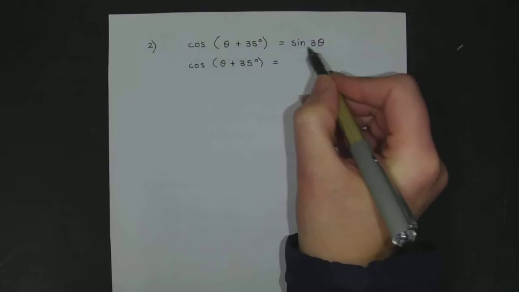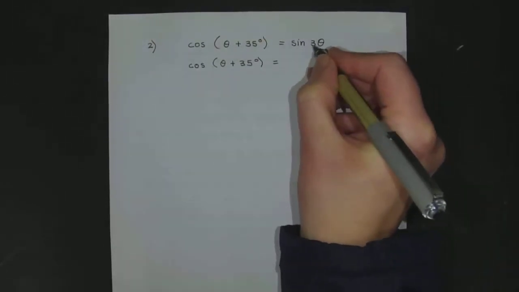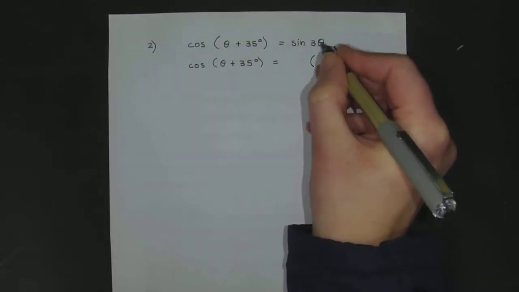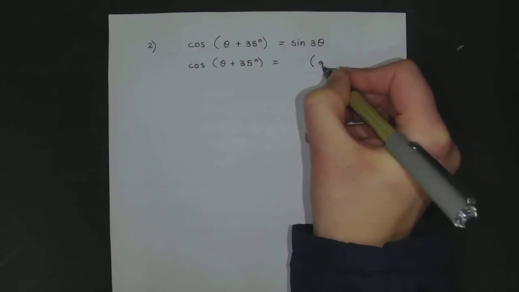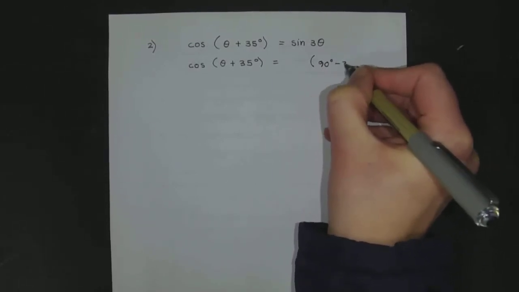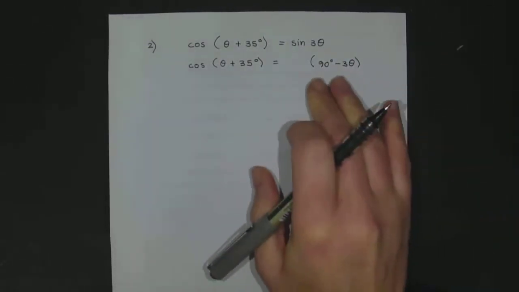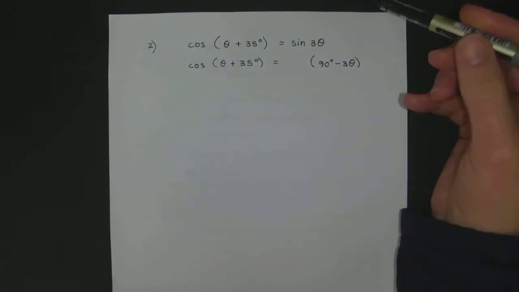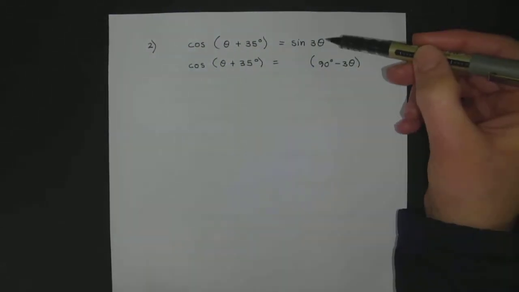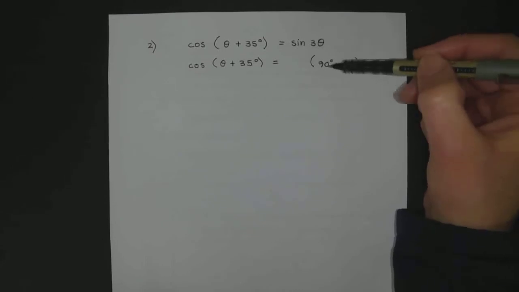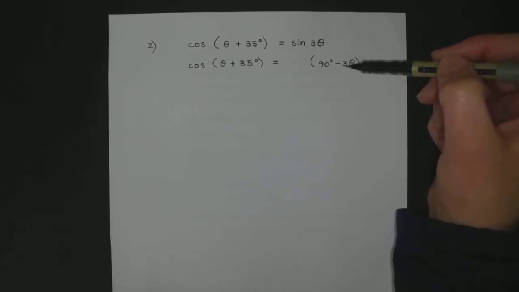But on this side, I'm going to change 3 theta into its complementary angle, which is 90 degrees minus 3 theta. For those of you who have forgotten what complementary angles are, if you add two angles and they add up to 90 degrees, we call it a complementary angle.